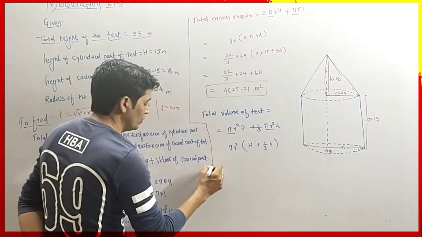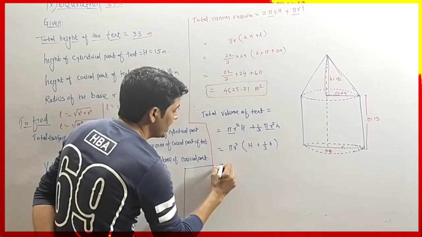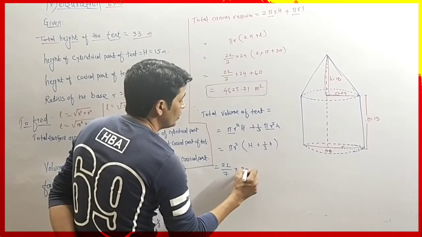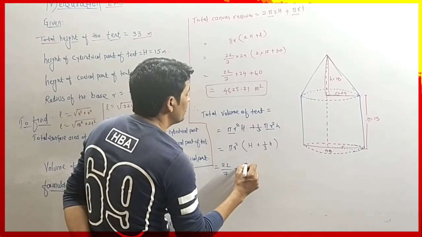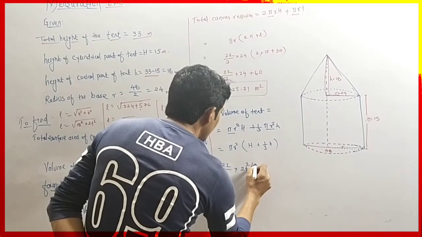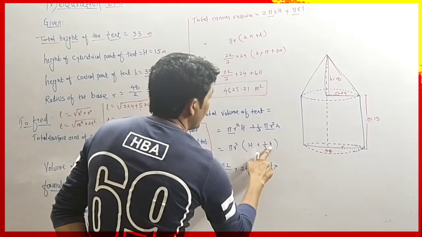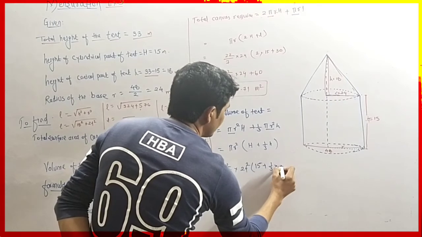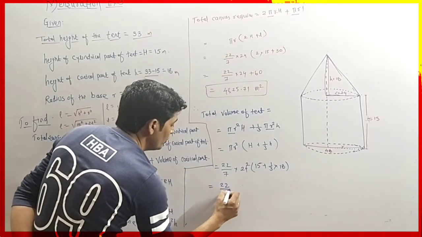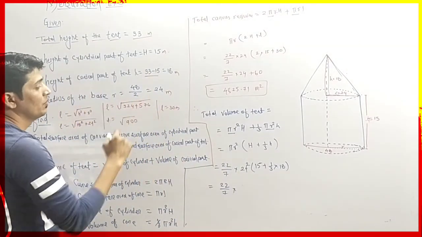Now we have to put the values. Pi is 22 divided by 7 into r, r is 24, and it will be the square of 24. Capital H is 15. So here we write 15 plus 1 by 3 into h, h is 18. So 22 divided by 7 into the square of 24 we have taken here. The square of 24 is 576.